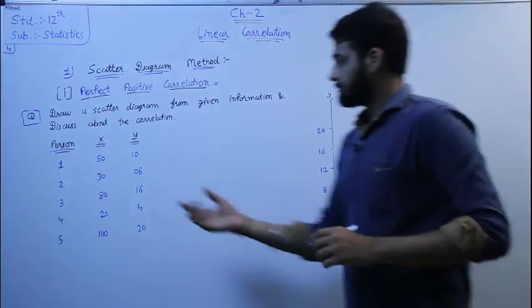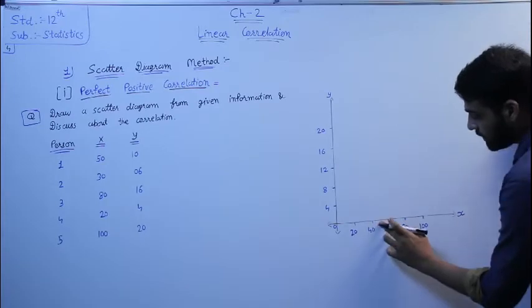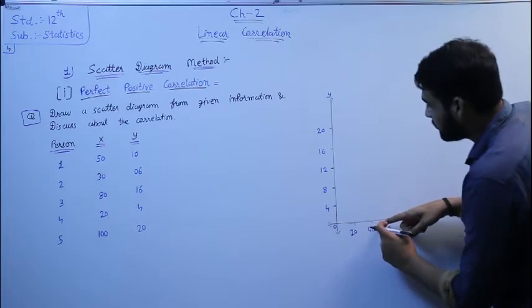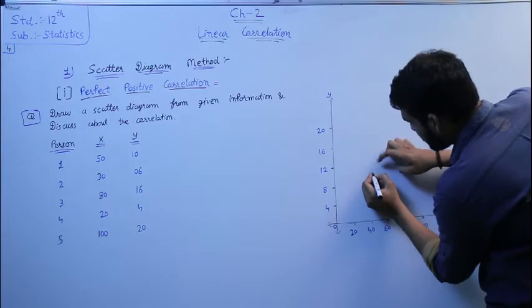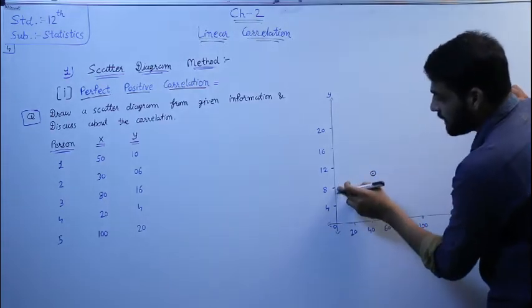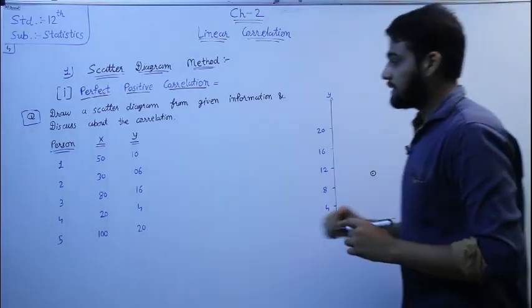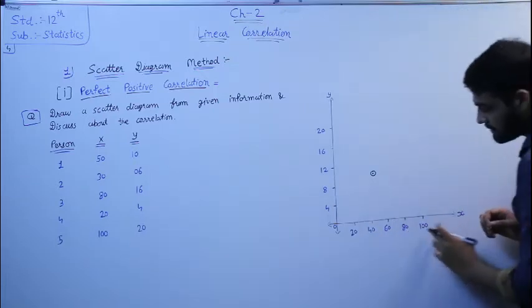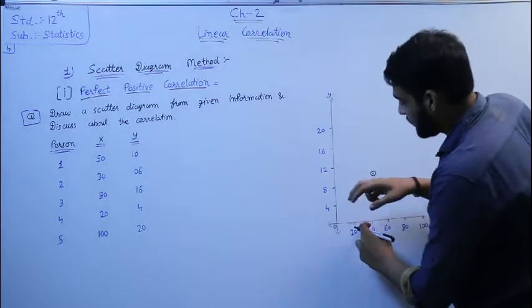First, 50 and 10. On the x axis 50 lies between 40 and 60, and on the y axis 10 lies between 8 and 12. So here the corresponding point is located. Then the second, 30 and 6: on the x axis 30 lies between 20 and 40, and 6 lies between 4 and 8.